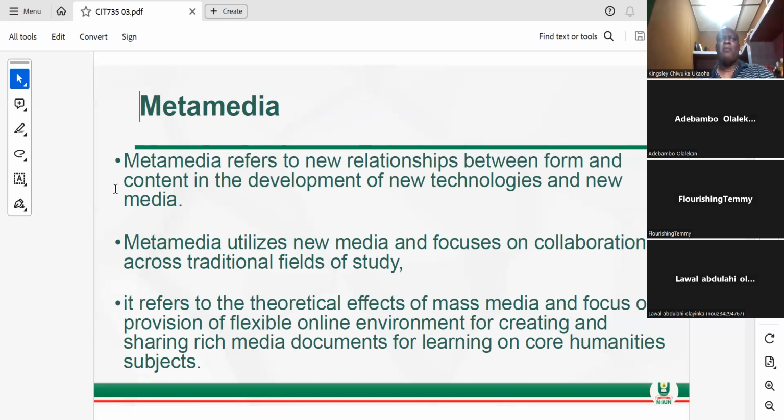Is it going to be in the form of a DVD, where you were able to compress it so that you contain more data? So for metamedia, what it does is that it is utilizing new media technology like DVD, Blu-ray, and the others, and focuses on collaboration across traditional fields of study.